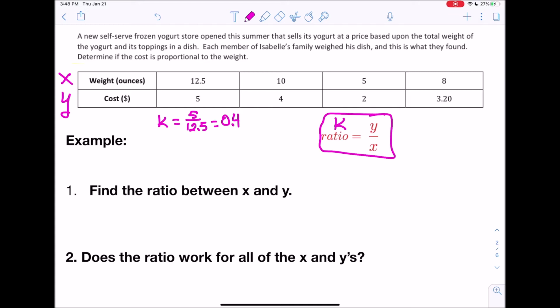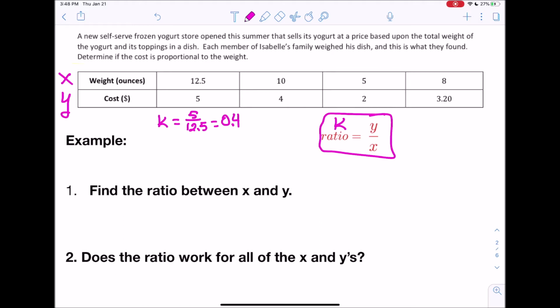Now, if this is truly a proportional relationship, meaning the ratio stays the same no matter how much ice cream or yogurt you buy, then that means when we solve for the unit rate for each one of these, for the 10, the 5, and the 8 ounces, it should also equal 0.4 an ounce.